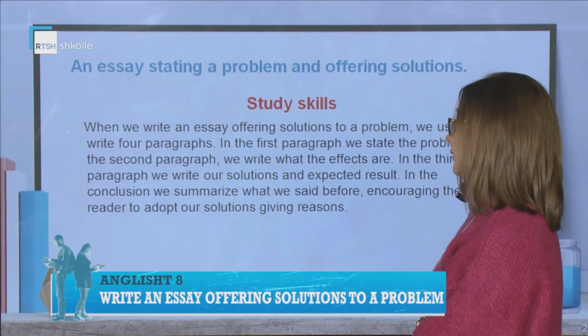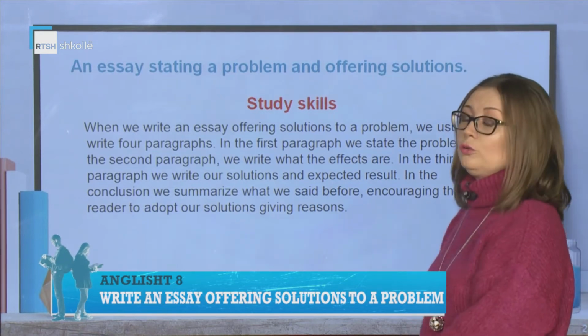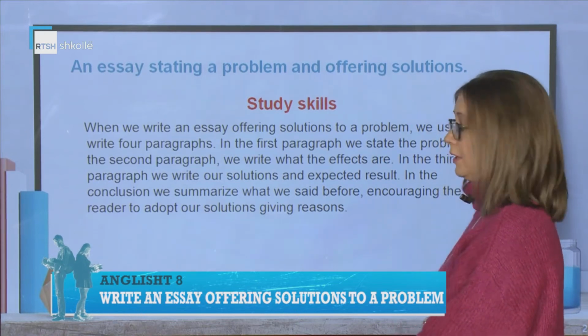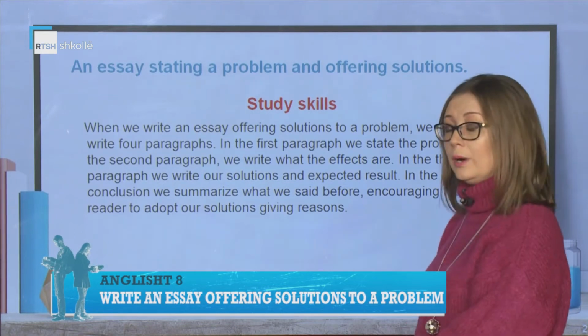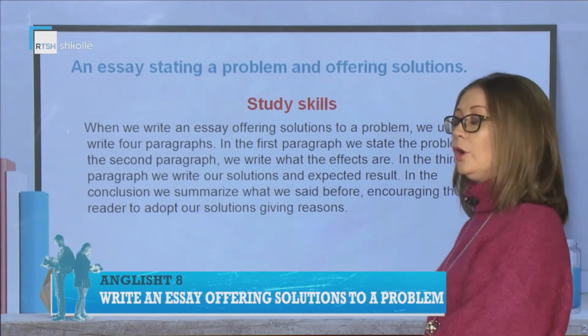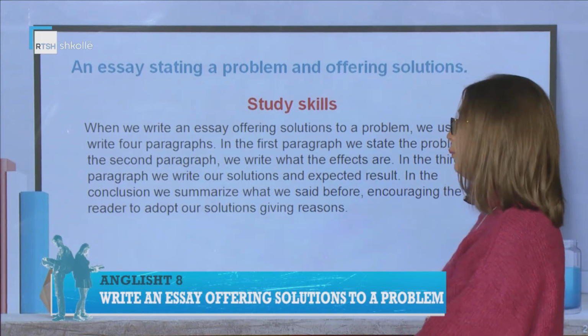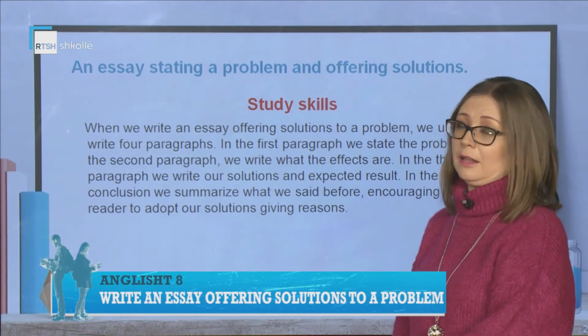When we write an essay offering solutions to a problem, we usually write 4 paragraphs. In the first paragraph, we state the problem. In the second one, we write what the effects are. And in the third paragraph, we write our solutions and the expected results.